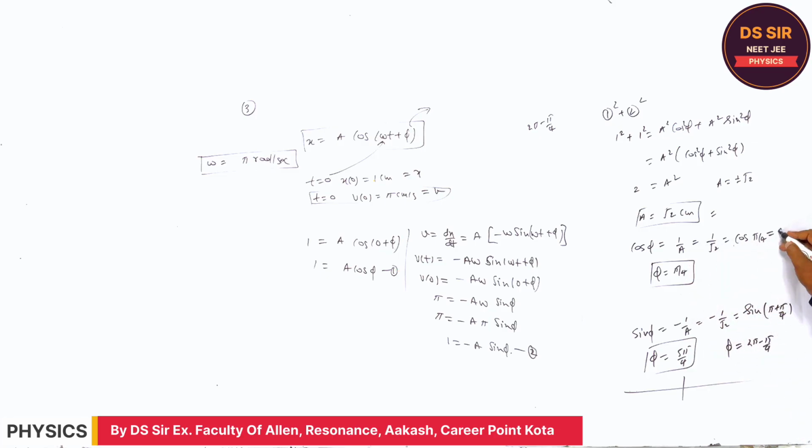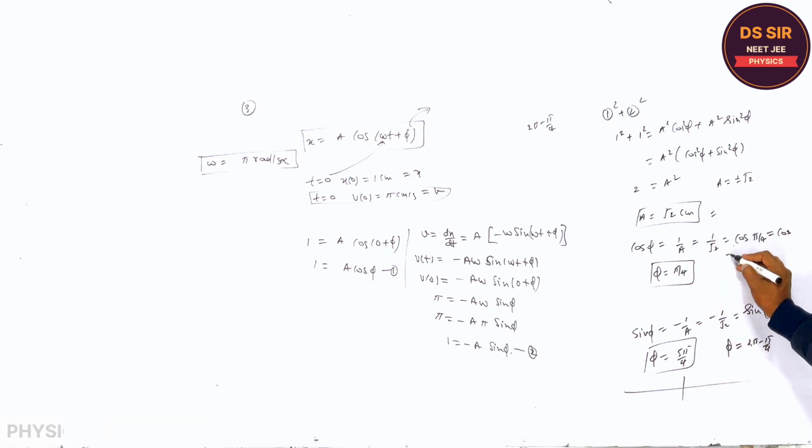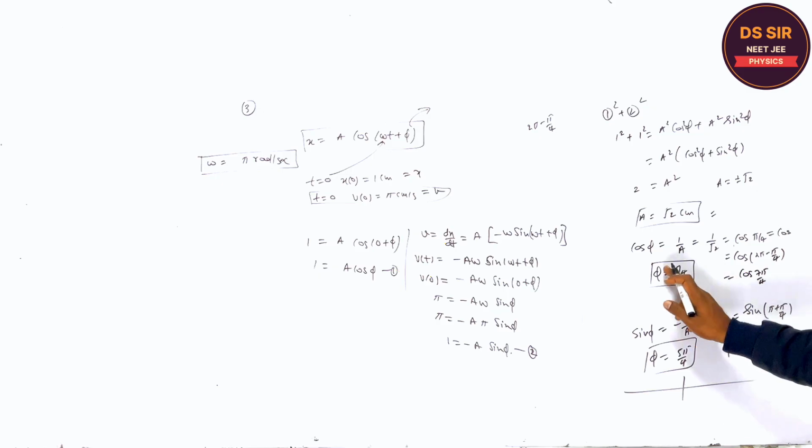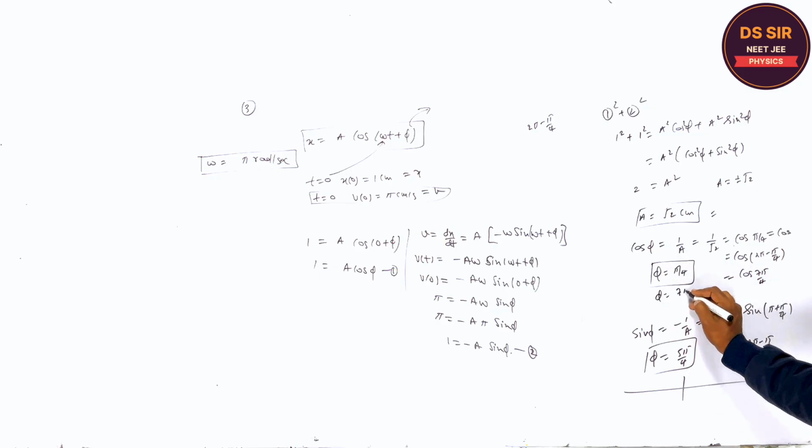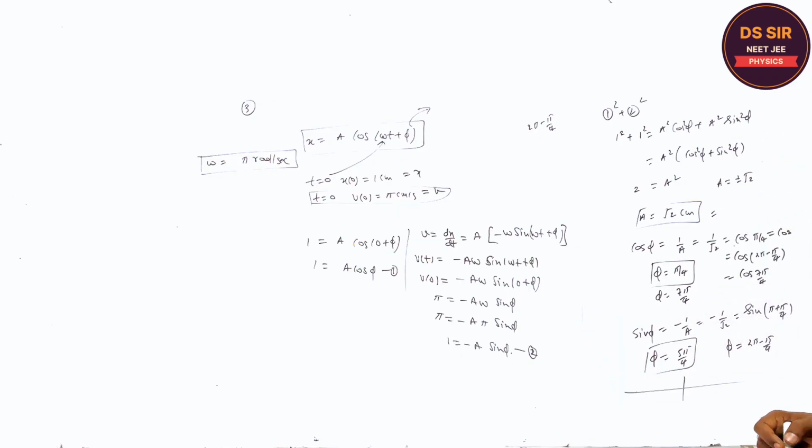This is pi minus pi by 4 or cos of 2 pi minus pi by 4. So this is cos 7 pi by 4, right? So the phi may be 7 pi by 4. From this equation, wait for 1 minute, we have to read the question carefully.